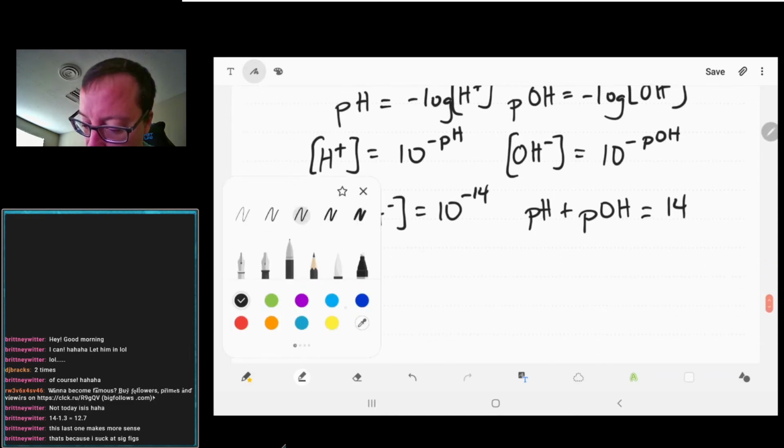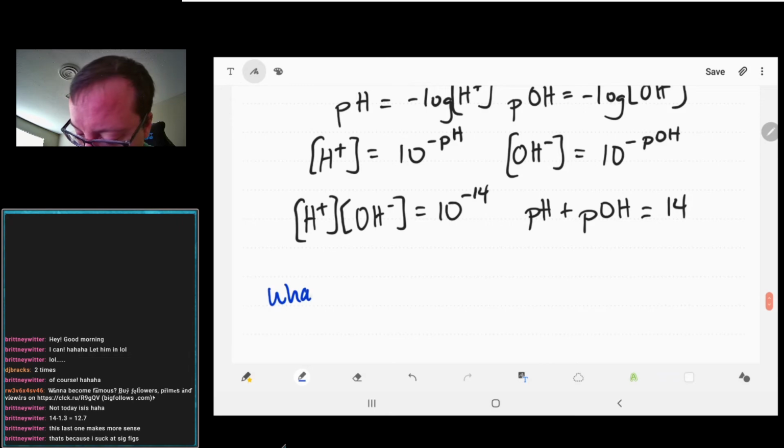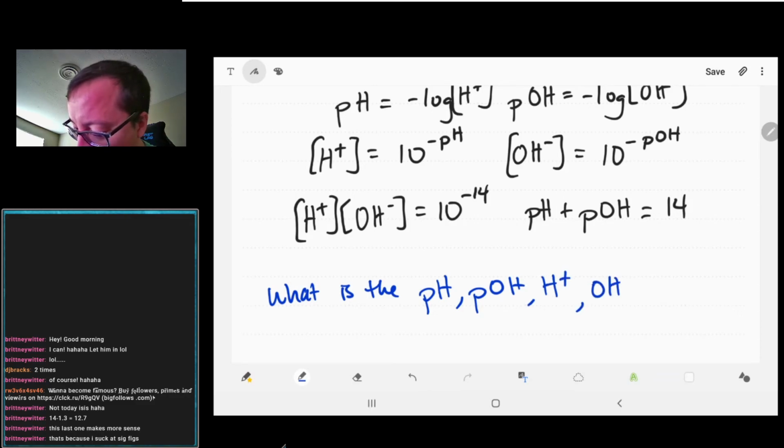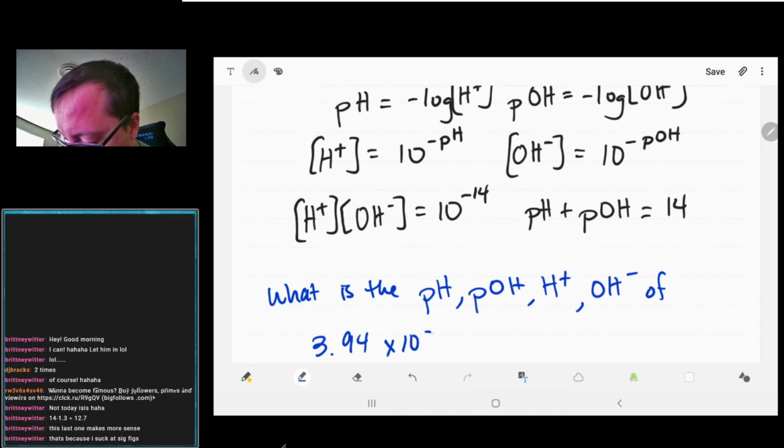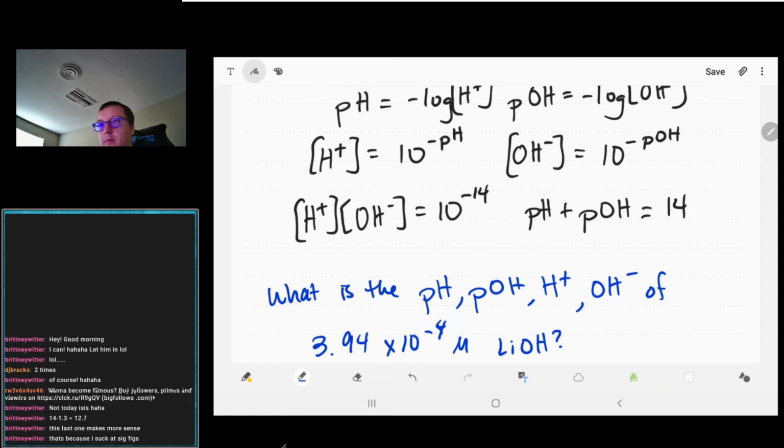So with that in mind, let's do all of these. We could figure out all of these things based on a solution. I'll make this a little bit easier to read.